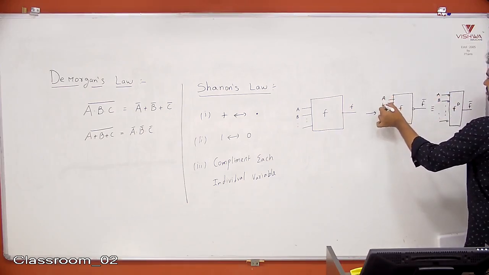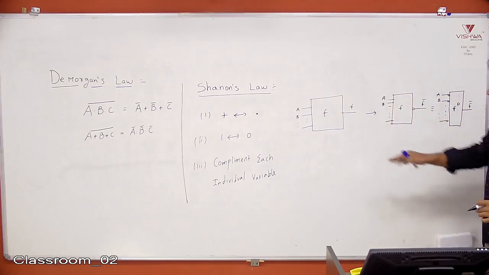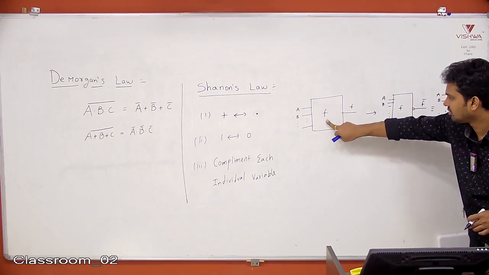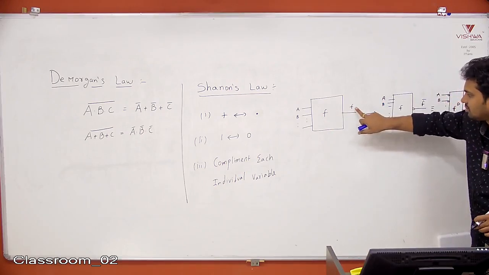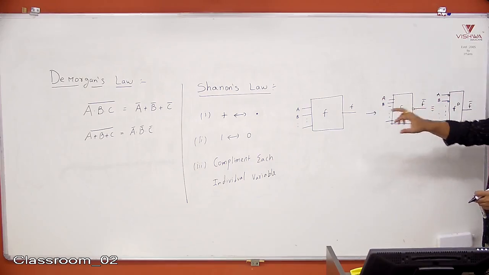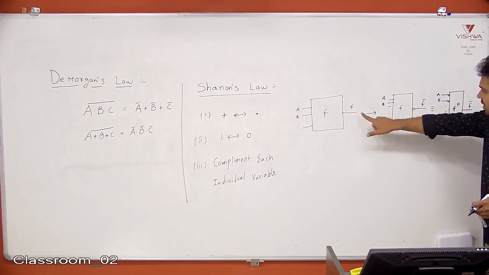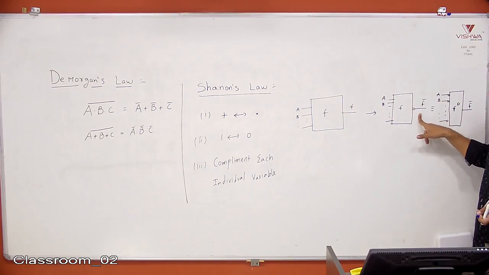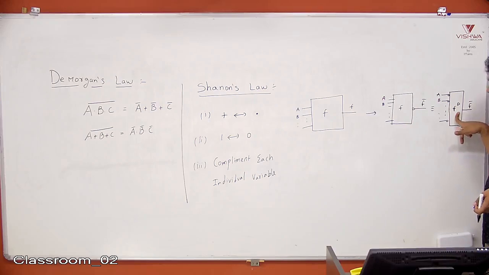I will explain again. Please wait. Say this is my function. A, B, C are the inputs, whatever they may be. This is the function which is giving me an output equal to some f. Now, how to find the complement of the function? The complement of the function is nothing but the output complement. That is one method. Another way to find the complement is to take input complements and in place of f take the dual.